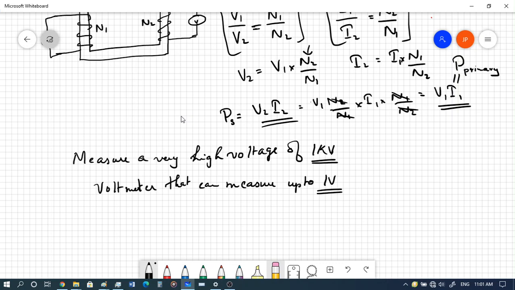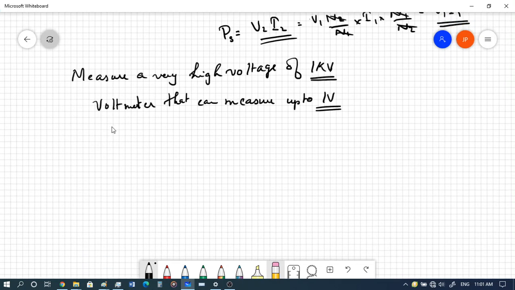Now there are two ways in which you can do this. You can either connect a series resistance, or you can use a potential transformer. Using a potential transformer is much easier. We'll look at the reasons why we go for the potential transformer. First, let's see how we can do the connections.